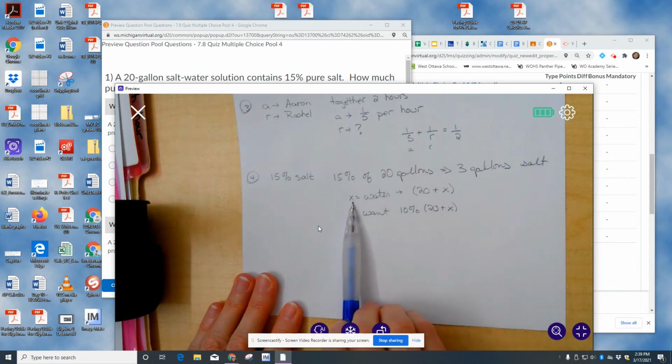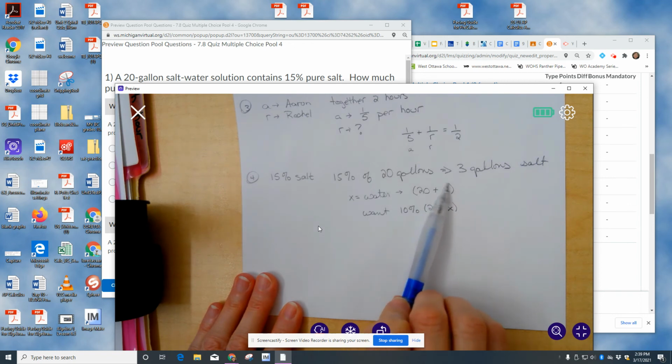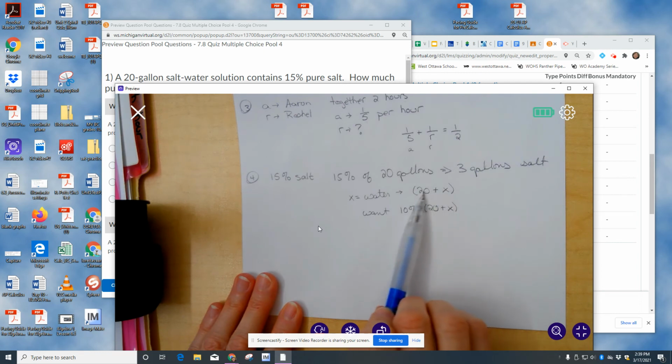So I assigned my variable to be water because I don't know what water is. So if I think that X is water, 20 plus X, so this is my 20 gallons plus the amount of water, this is like my solution, and I want that to be 10%.